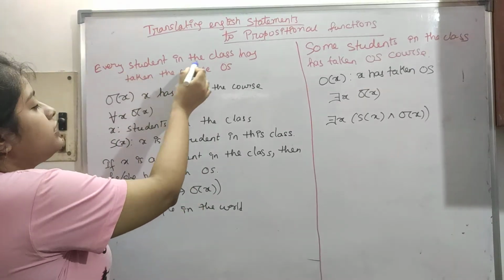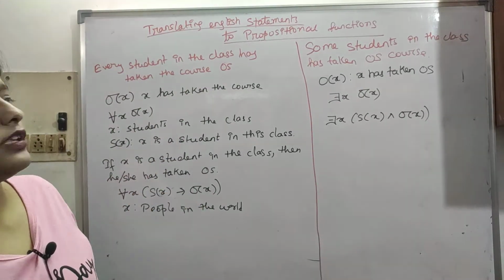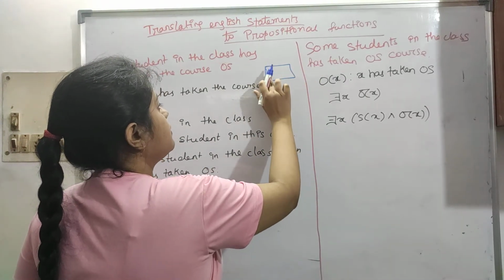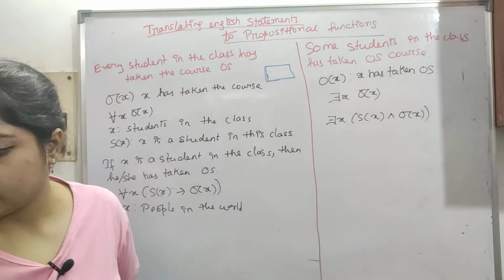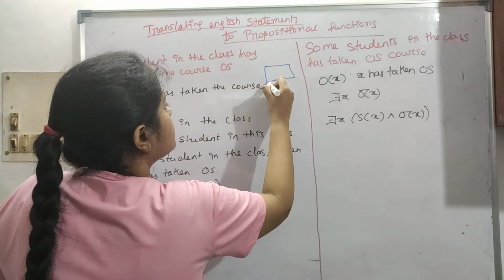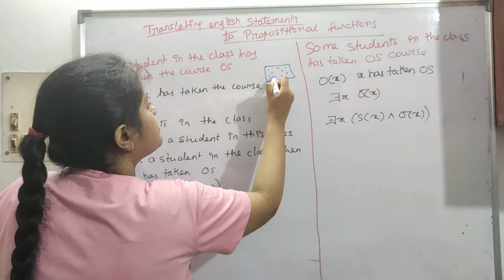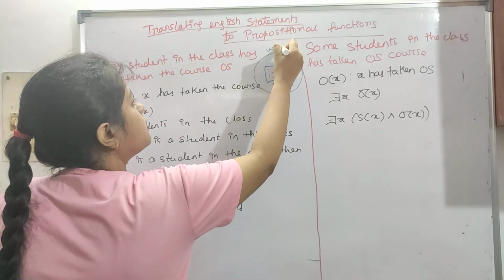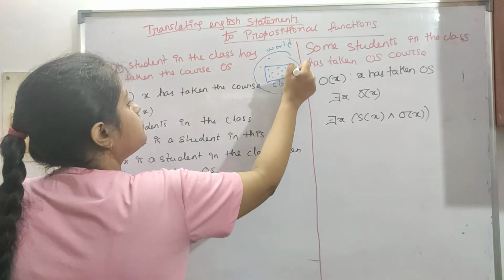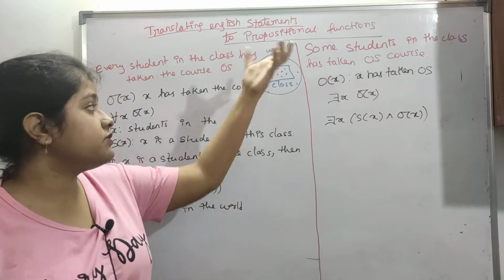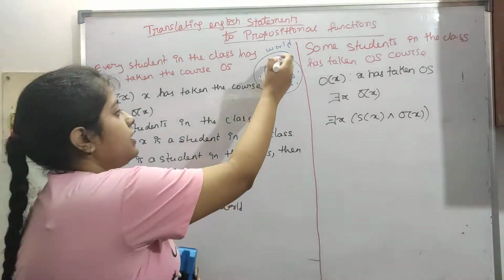Every student in the class has taken the course. Let's say this is our class, and some students are present. This is our class, and in this world lots of students are present, but this is the class we are talking about.